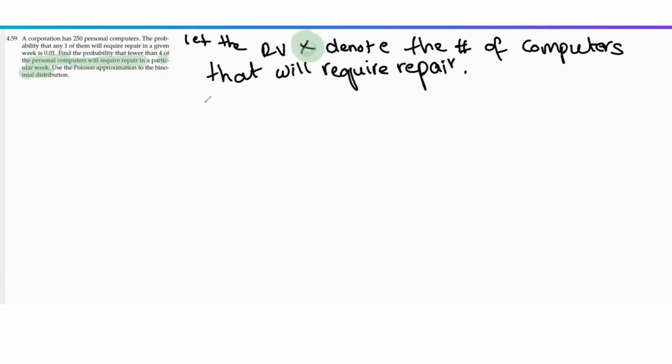Right, so if you notice over here, x is a binomial random variable where n is basically 250, because you can see over here, this is n, which is 250. And the probability of success is given to us as 0.01, right?